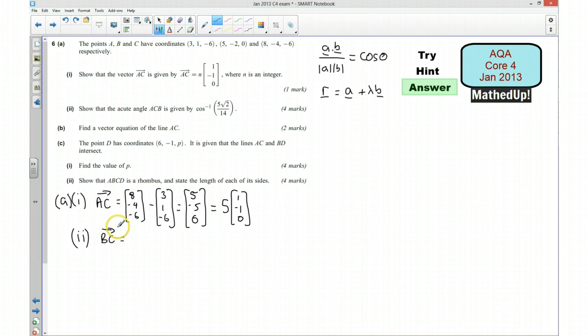Okay, so BC is going to be C take away B. So position vector C take away position vector B. So that's going to be 8, -4, -6. Take away 5, -2, 0.